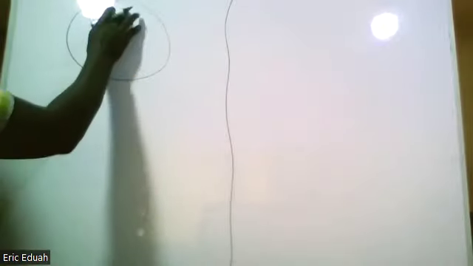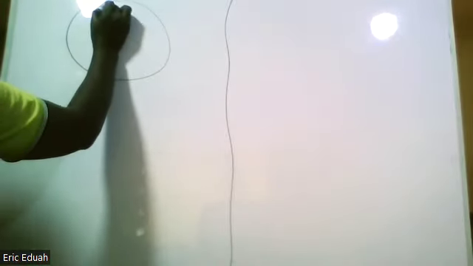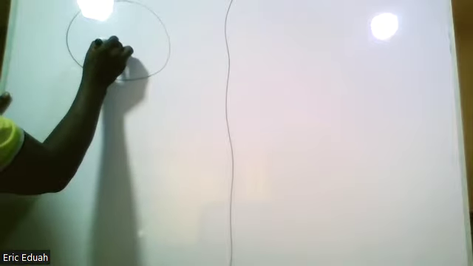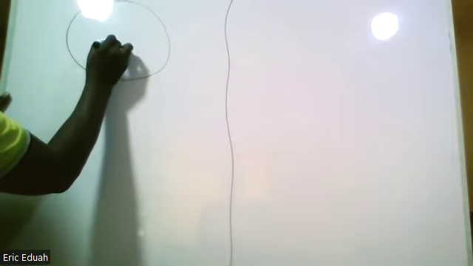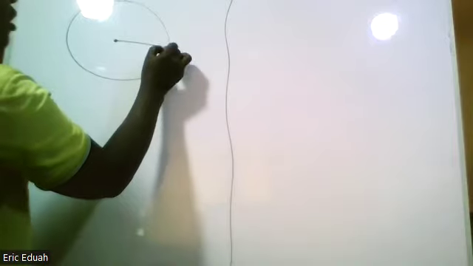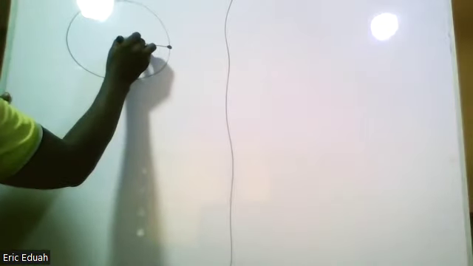And please, do you have any question? No question. All right. So I think you have understood what angular displacement is. The angle swept out by the radius of a circle from the center of the circle.